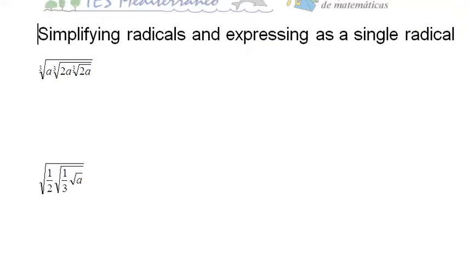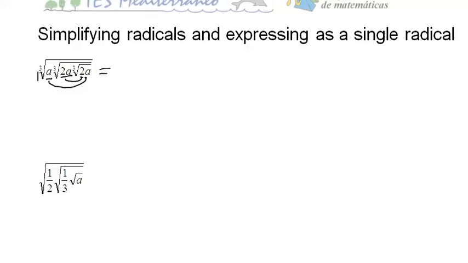Now let's see how to simplify radicals and express them as a single radical when we've got a little bit more difficult expression. So, for example, in this case we can introduce everything into the first one and then simplify the radicals. Let's do it step by step.